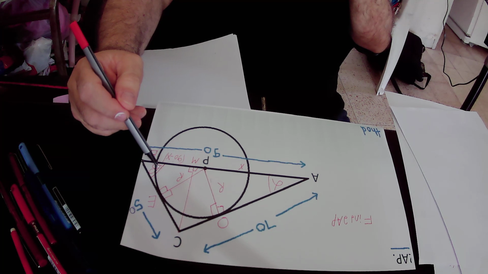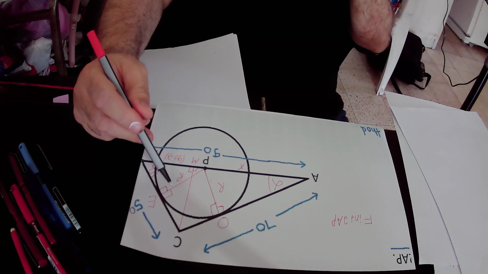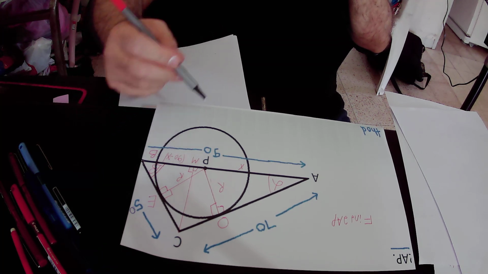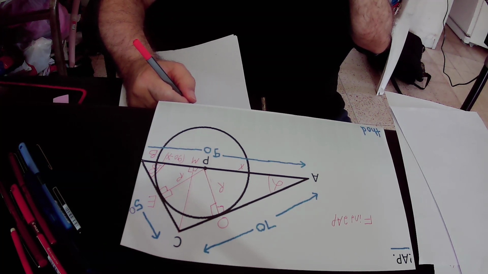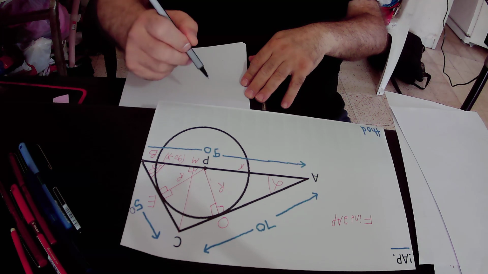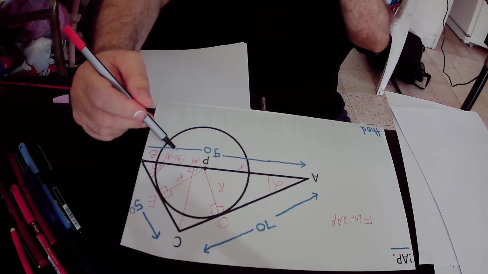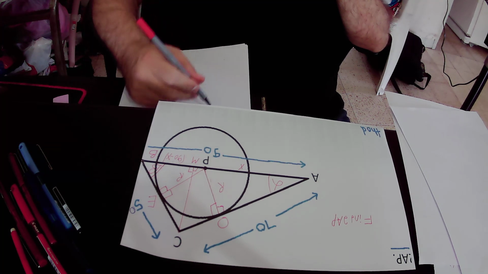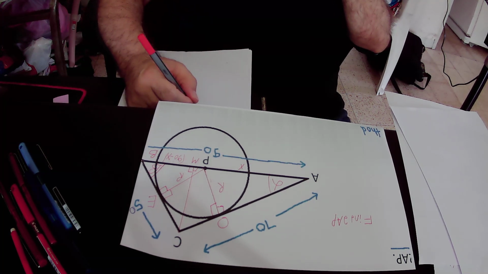The side that is in front of angle beta in the right triangle EPB is actually EP, divided by the hypotenuse of the right triangle EPB, divided by PB.